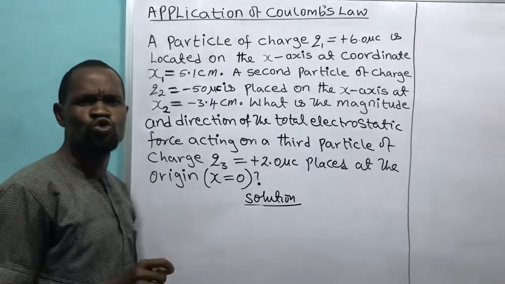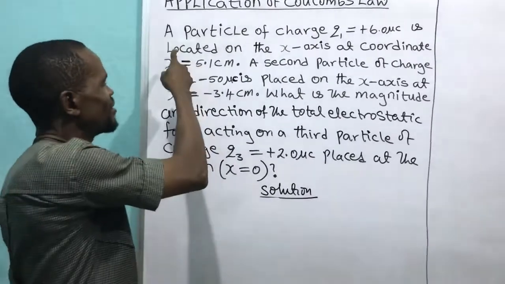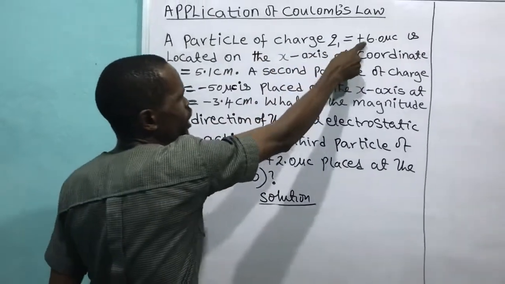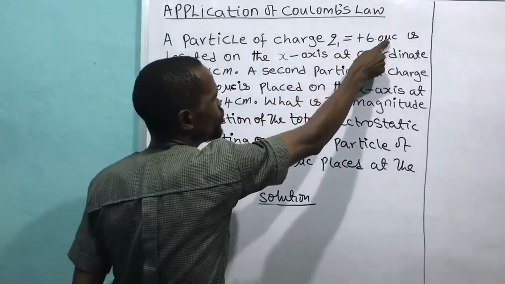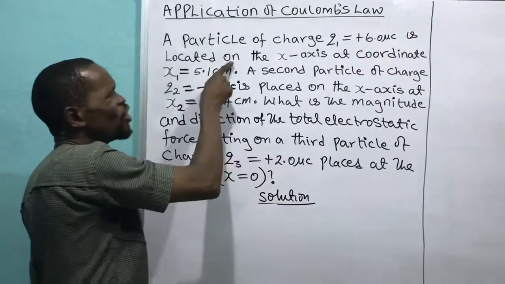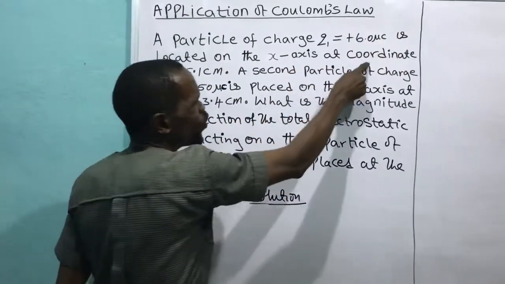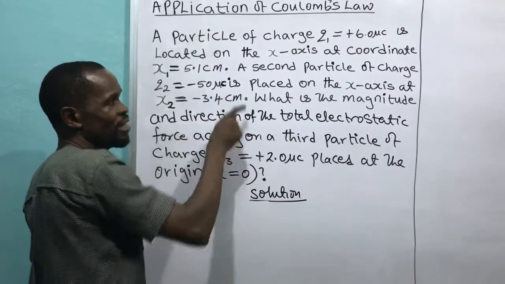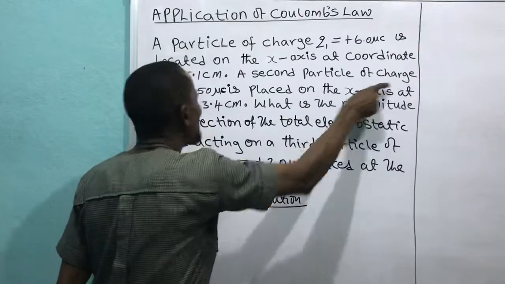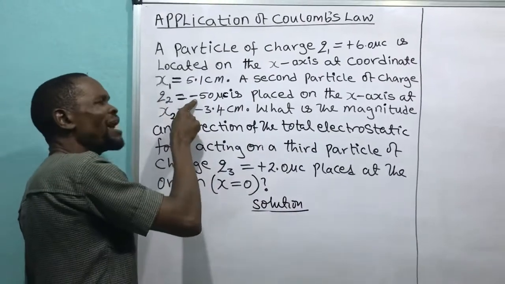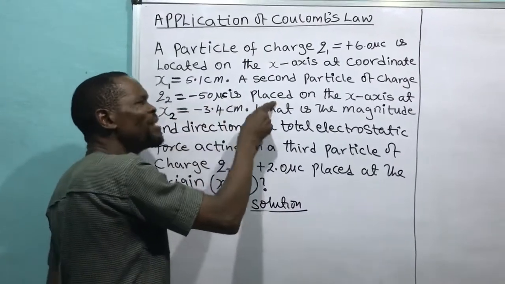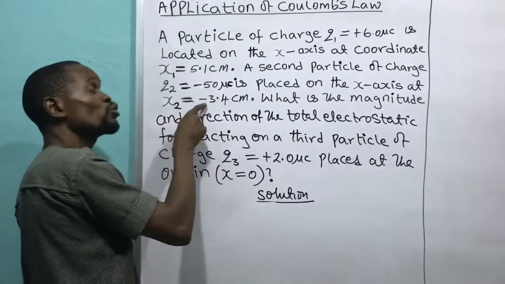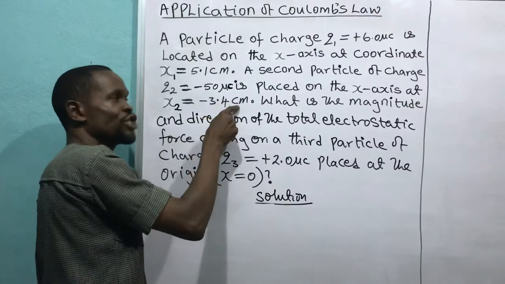And what I have for you today is the question that says: a particle of charge Q1 equals plus 6.0 microcoulomb is located on the x-axis at coordinate x1 equals 5.1 cm. A second particle of charge Q2, minus 50 microcoulomb, is placed on the same x-axis at x2 equals minus 3.4 cm.